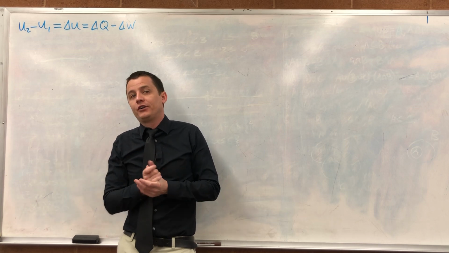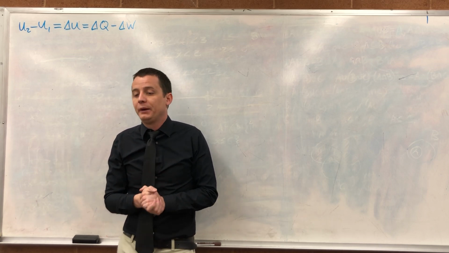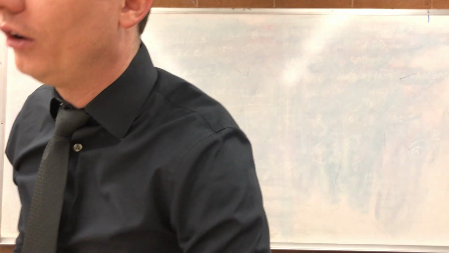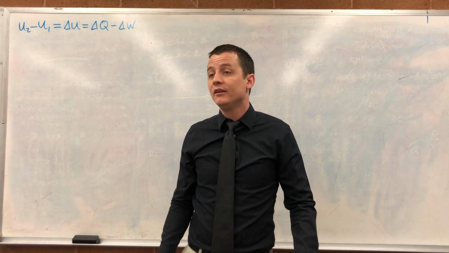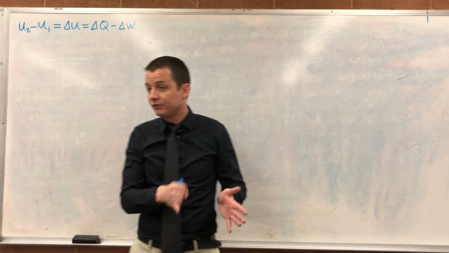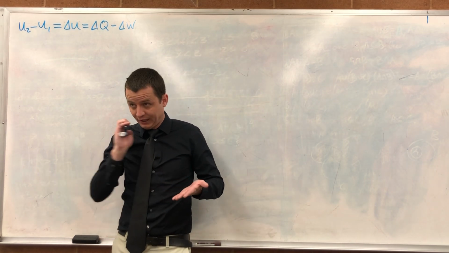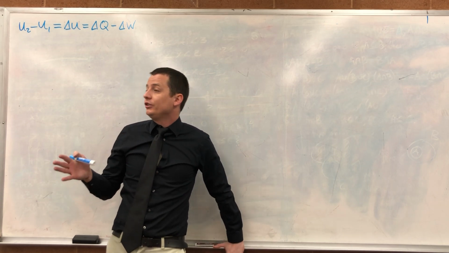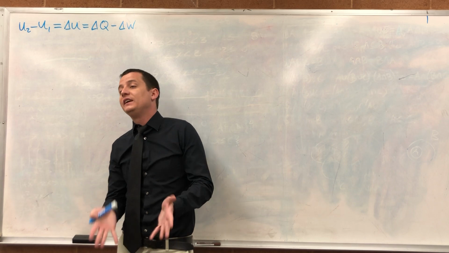You might remember from our last chapter, one of the things we spent a lot of time talking about was, what did we call it? The molar specific heat. And we calculated the molar specific heat for a bunch of different types of gases and solids. That's right. You remember that? Mm-hmm. And we were basically keeping track of where the energy would go if you heated up a system.